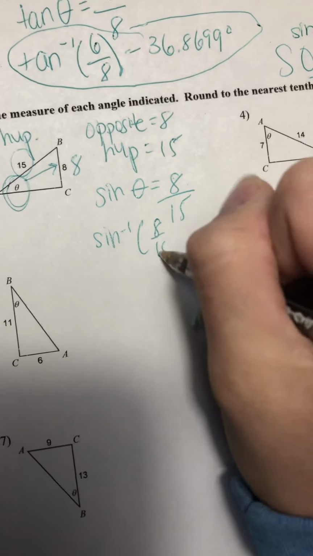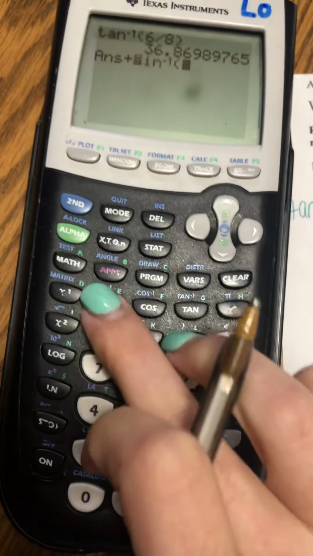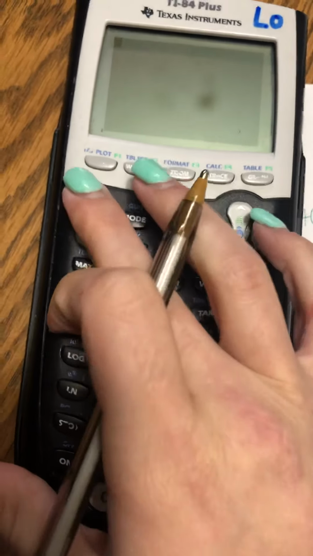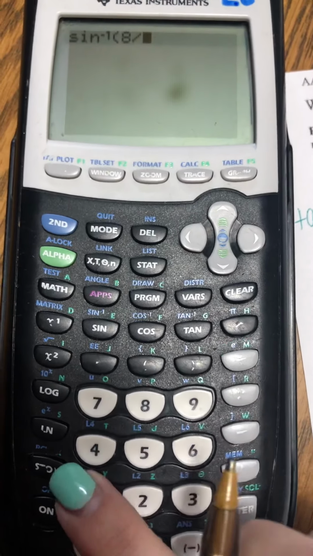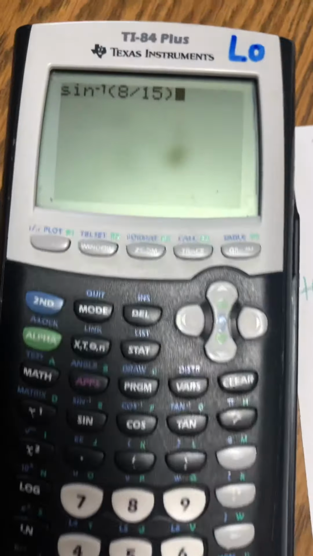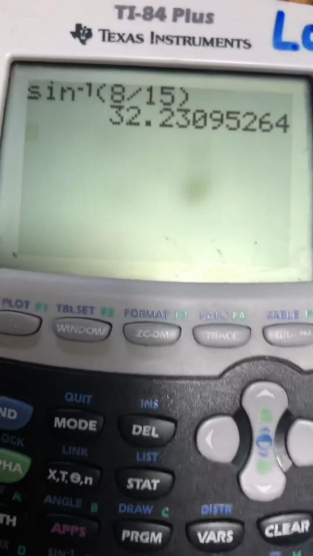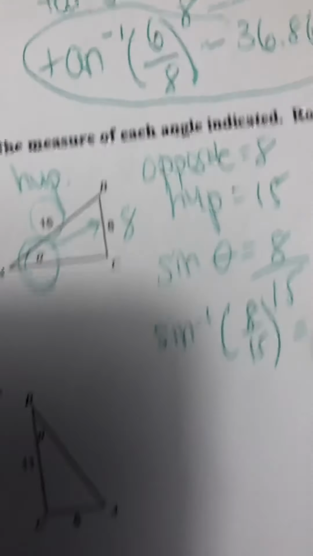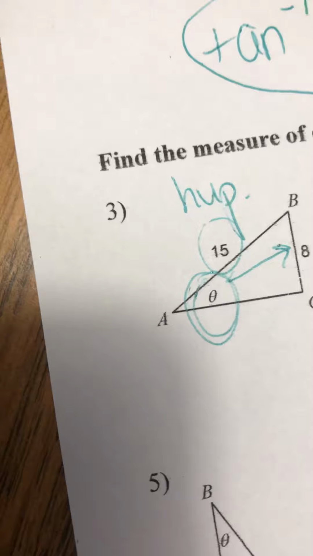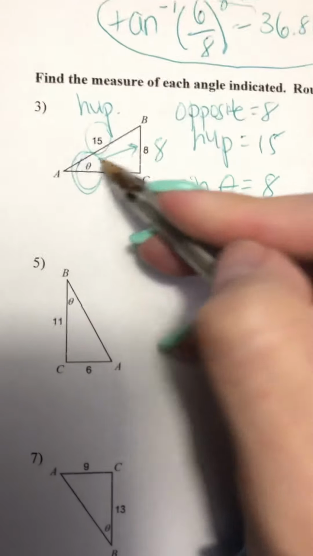To find theta, I do second inverse sine of my ratio, 8 over 15. I get 32, to the nearest 10th degree, so I'll just do 32.2 degrees. Okay, you're finding the degrees of what this would be.